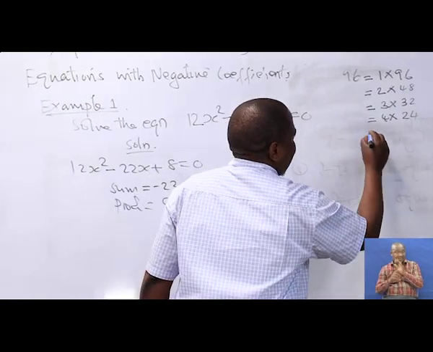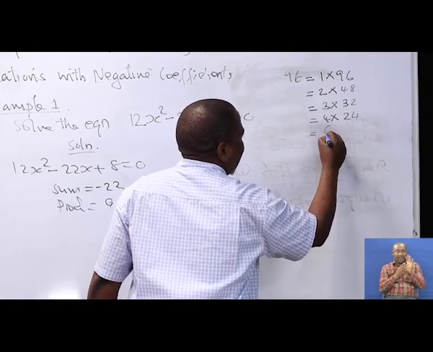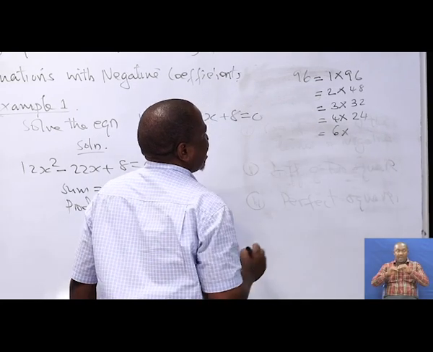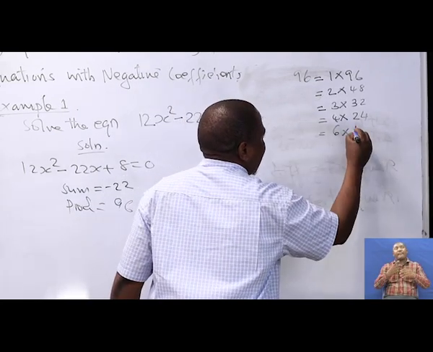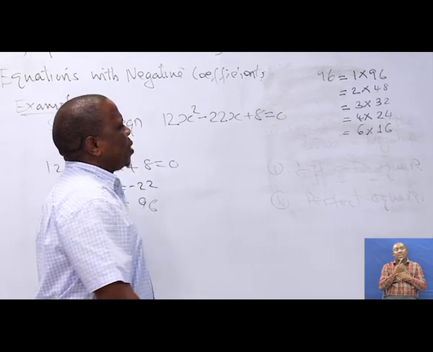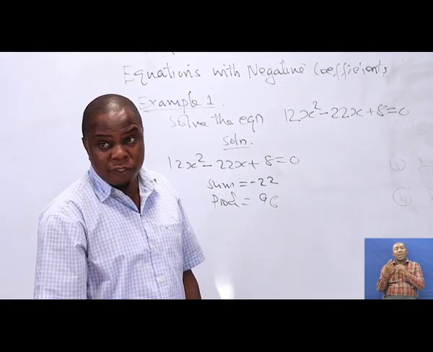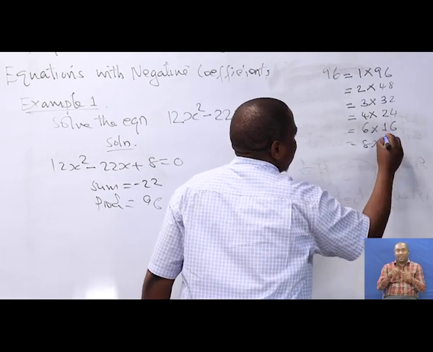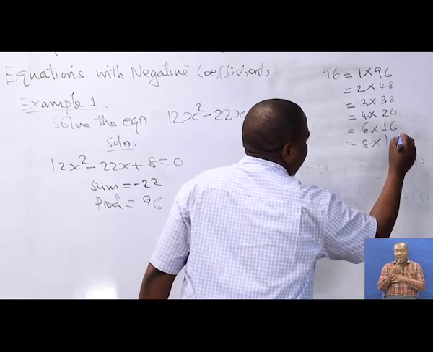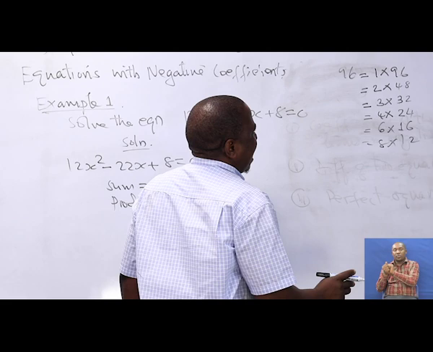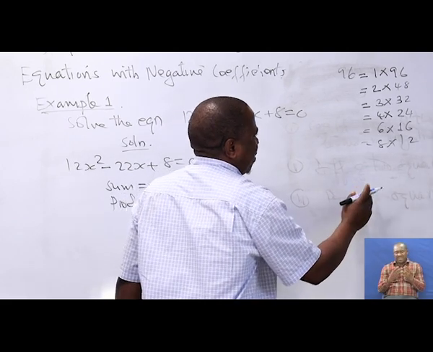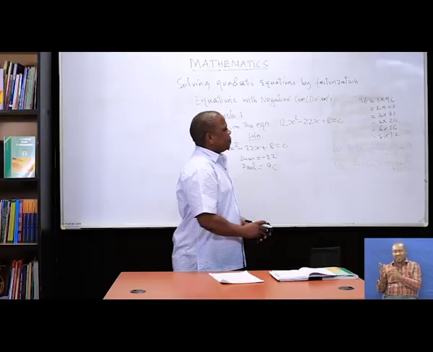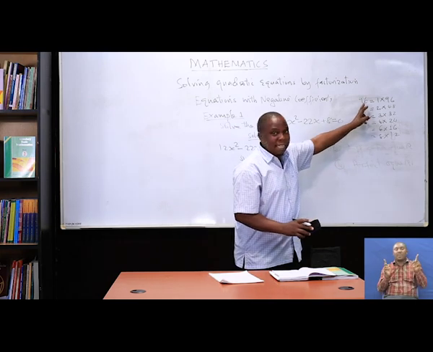Yes, 96 divided by 6 is 16. What about 8? Is 96 divisible by 8? Yes, that is 8 times 12. 9 cannot divide it, and neither can 10 or 11. I think these are the pairs of numbers whose product is 96.